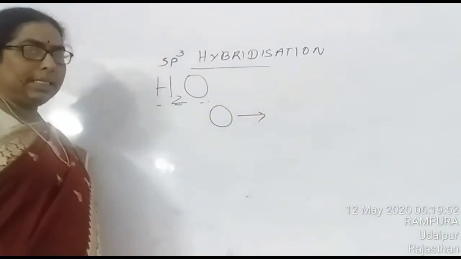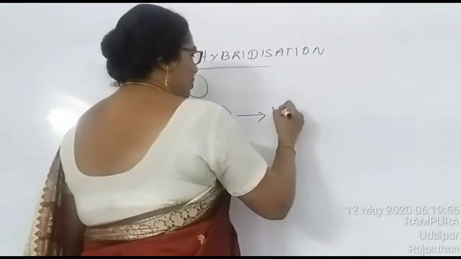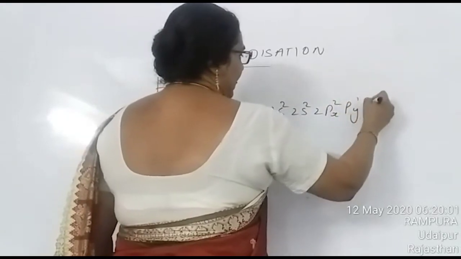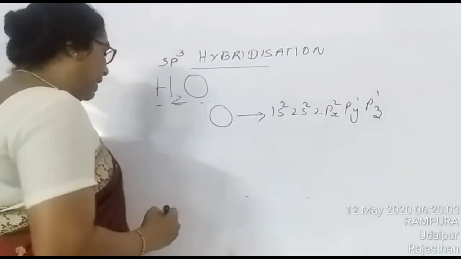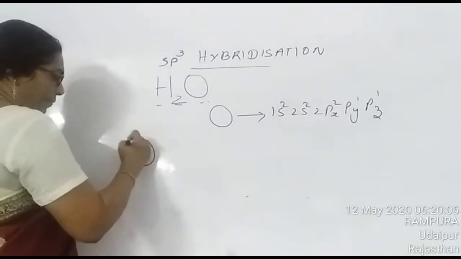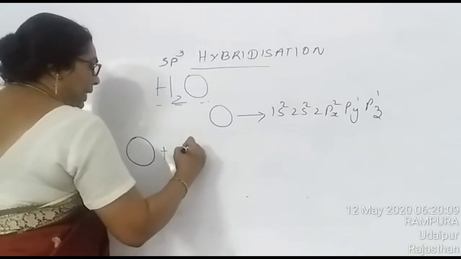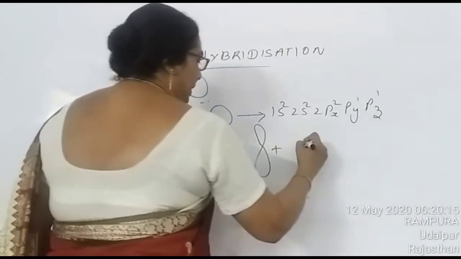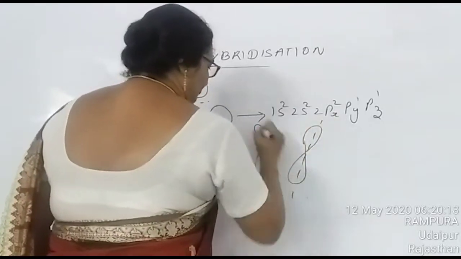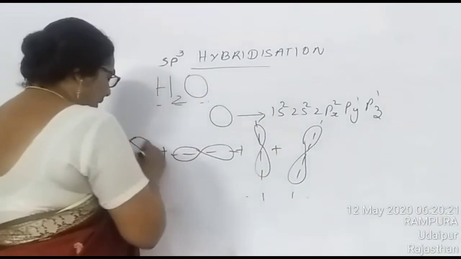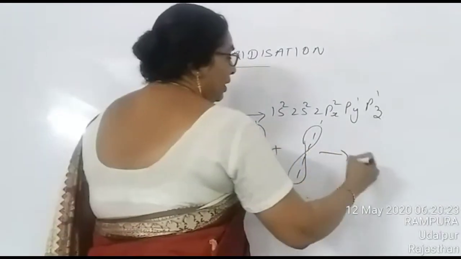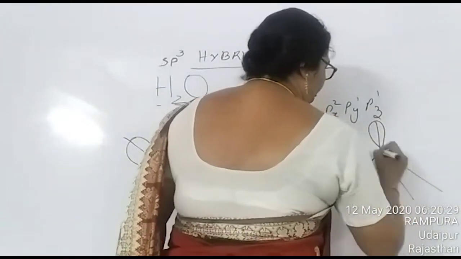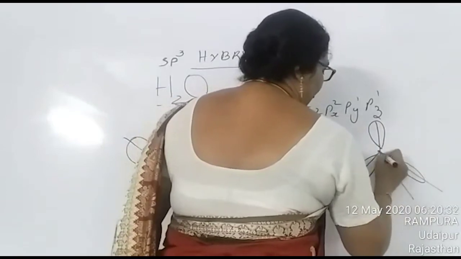The atomic number of oxygen is 8, so the configuration is 1s2, 2s2, 2px2, 2py1 and 2pz1. Again, one s orbital of oxygen undergoes hybridization with 3 p orbitals, that is px, py and pz, and produces 4 sp3 hybrid orbitals.